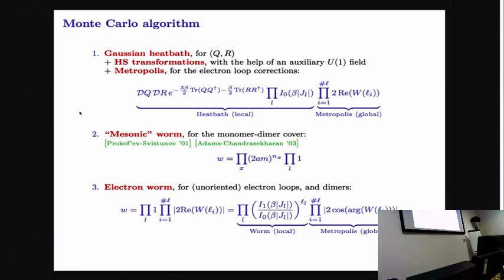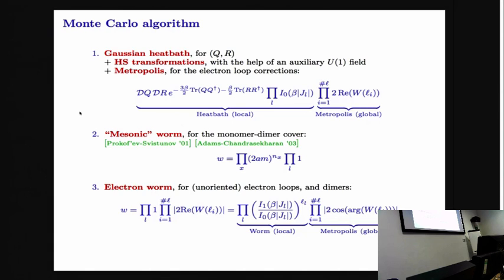These are bosonic variables, just a Gaussian part. We perform the Hubbard-Stratonovich transformations with the help of some auxiliary U(1) field, which does not appear in the partition function, and then some Metropolis to correct for these Wilson loops that go around the electron loops.